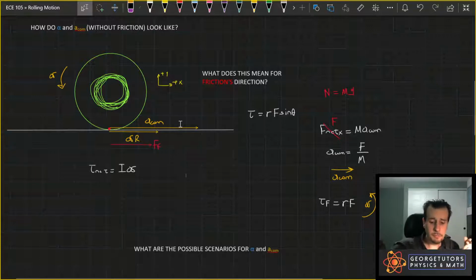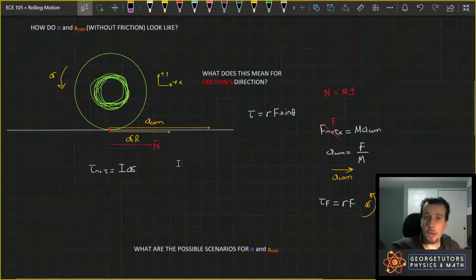Because that means friction would grow ACOM, but it would also grow alpha R. And we know that this is not what we want for rolling to occur.